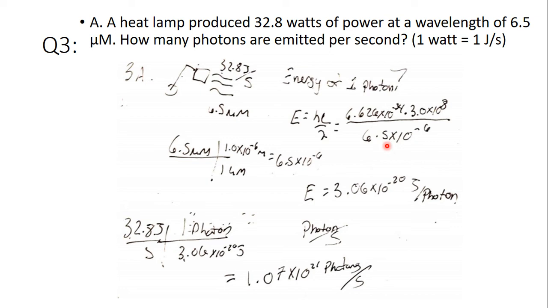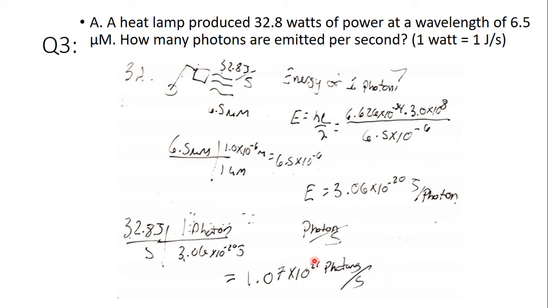That's my wavelength. That's my denominator. Speed of light is a constant, and Planck's constant is a constant. So I put these in, solve for E. And what I find is that the energy of one photon is 3.06 times 10 to the minus 20 joules. So that's how you write it out: E equals 3.06 times 10 to the minus 20 joules per photon.